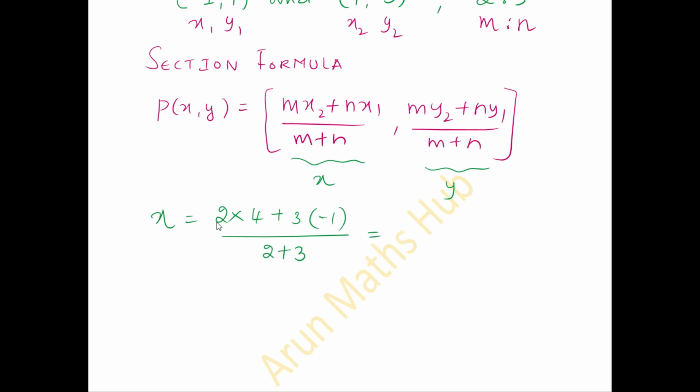That is 2 into 4 is 8, plus 3 into minus 1 is minus 3, divided by 2 plus 3 is 5. Now 8 minus 3 is 5, divided by 5, we get 1. What is the coordinate of x? The coordinate of x is 1.